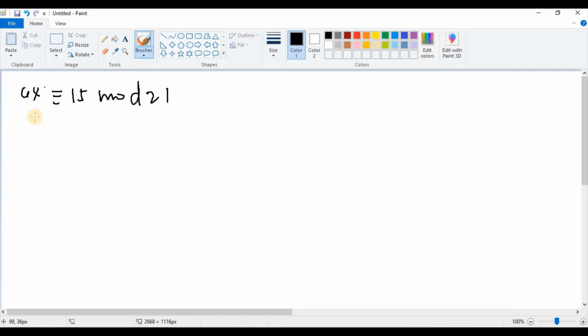Okay. So, unang step, hanapin natin ang GCD ng 6 tapos 21. GCD of this one is 3. Okay. You can verify that one using your Euclidean algorithm. And then, does 3 divide 15? Yes, it does. Therefore, we'll find for the 3 solutions.